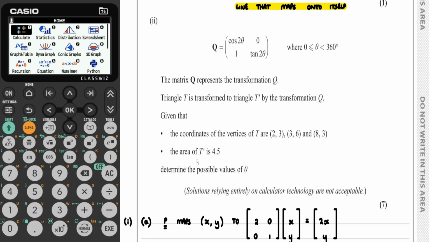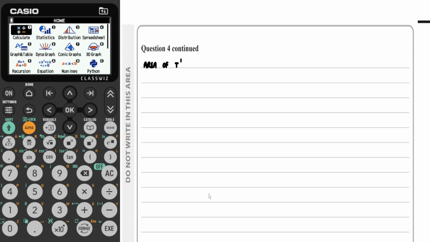We also know the area of T' is 4.5. The area of T' can be found by working out the magnitude of the determinant of Q and then multiplying that by the area of T. This is the area scale factor.